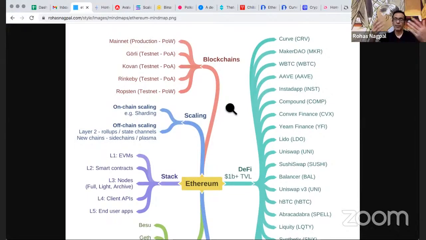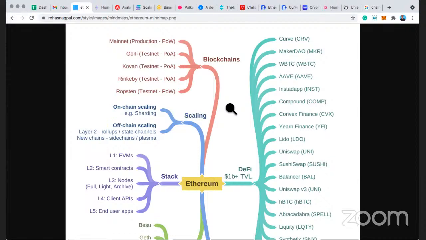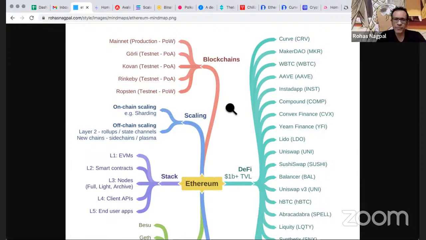So now, depending upon what we want to do, yeah, Mohit, tell me. Yeah, hi, Rohas. One question here. Is there any correlation between the total value locked and proof of stake? How do we understand the two things together? Totally different. When we talk about proof of stake, you have a certain number of tokens which are being locked, and then you get the right to validate transactions and you get some free tokens back as a reward.